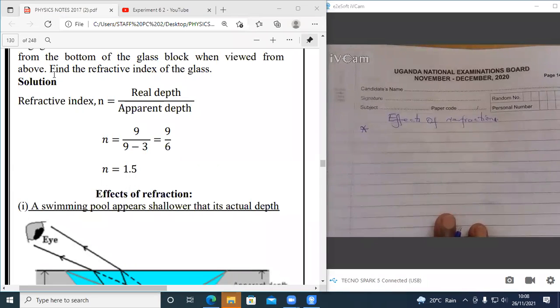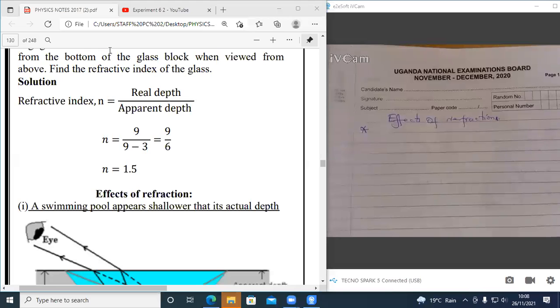I remember we talked about a swimming pool, the images formed in a glass block, and a stake appearing to be bent. Those are the things we looked at, not so, members? Yes. Those are the effects of refraction.